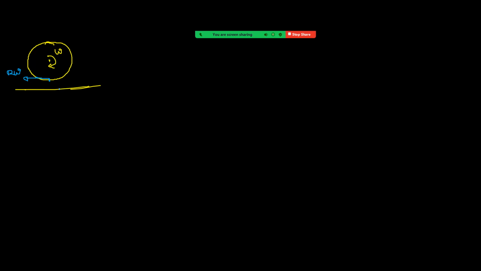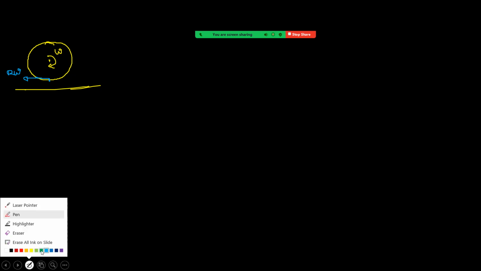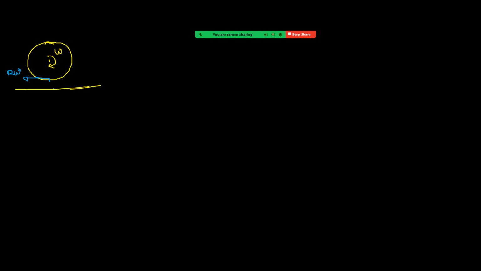I am repeating. With respect to the ground, for the contact point, velocity is left side. And friction always opposes relative motion. Therefore, friction acting on the wheel by the ground is right side. And you can see this is now slipping.